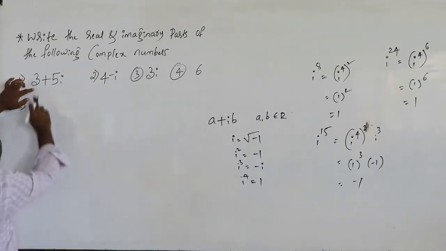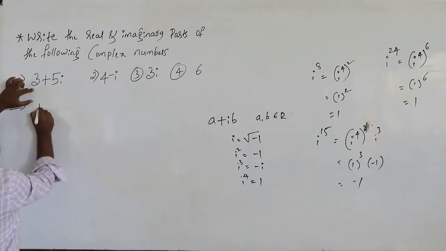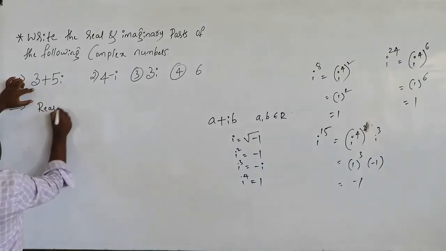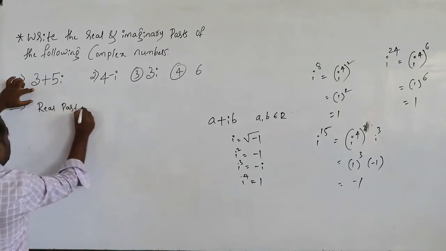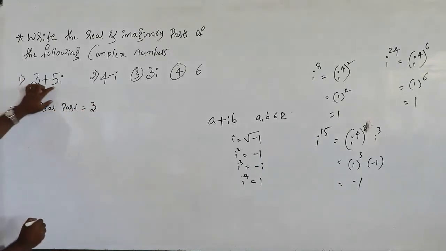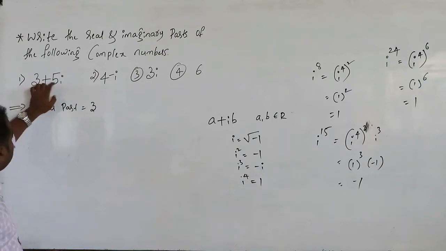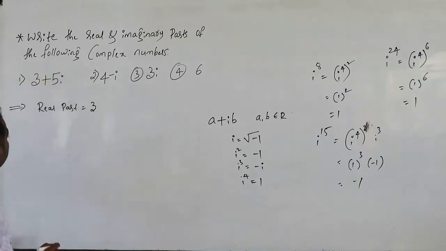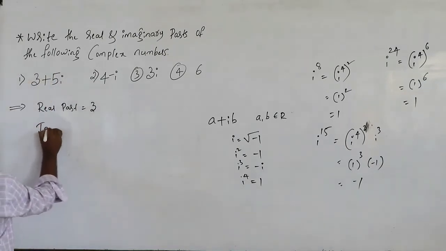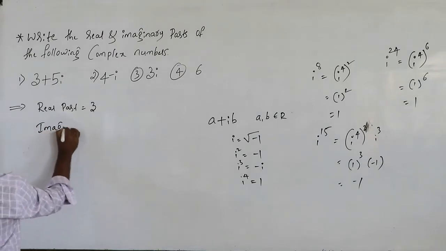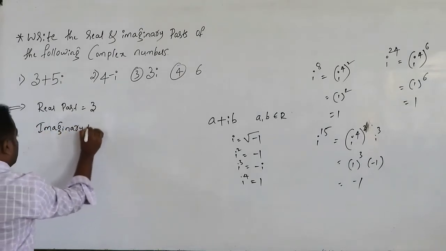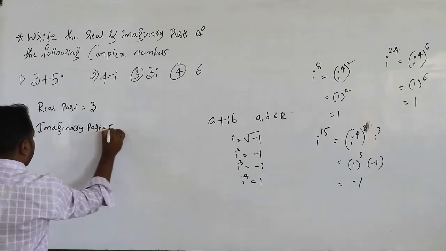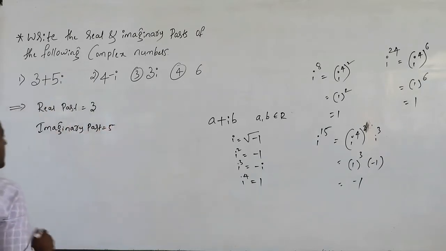Here, instead of a, 3 is given, so the real part is 3, and for the imaginary part i into b, instead of b 5 is given, so the imaginary part is 5.